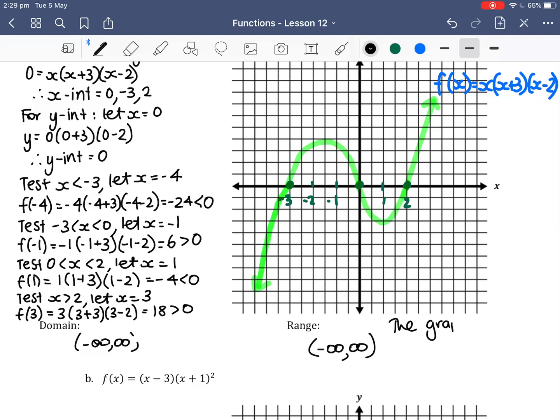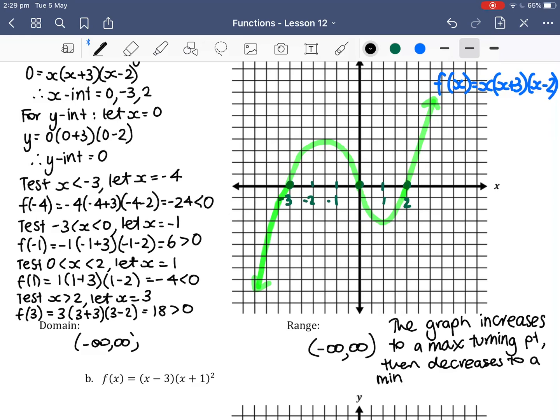So the graph increases to a max turning point. Then decreases to a minimum turning point.